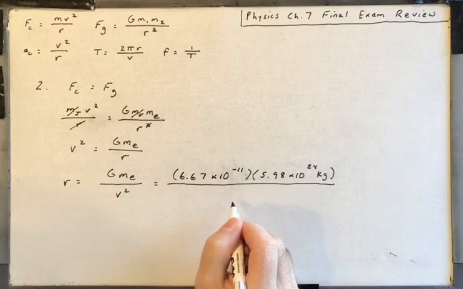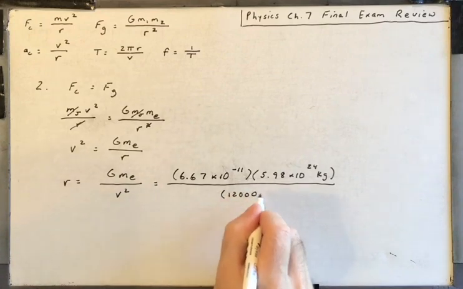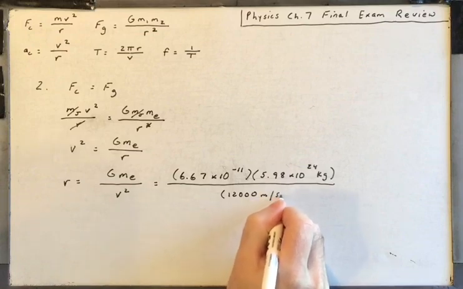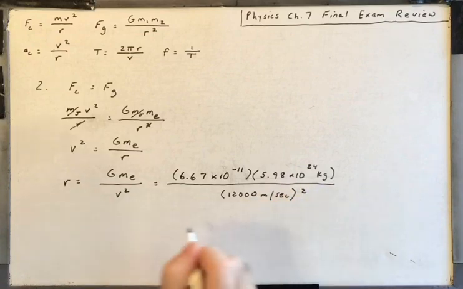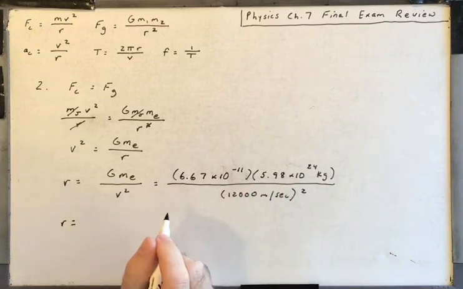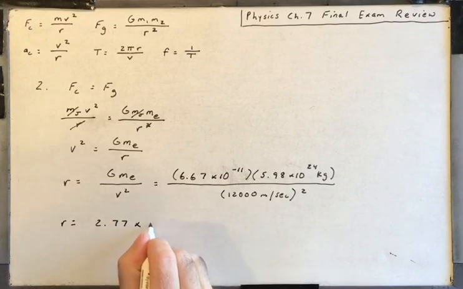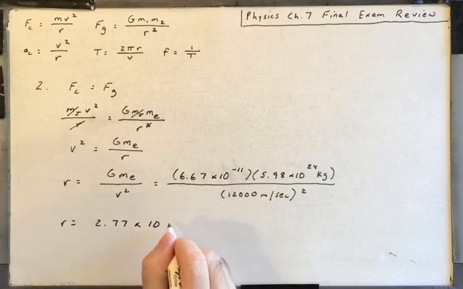And then our velocity was 12,000 meters a second, and we have to square that. Okay, so if you put that in your calculator and you don't accidentally mess it up, you'll get a radius of 2.77 times 10 to the 6th meters.